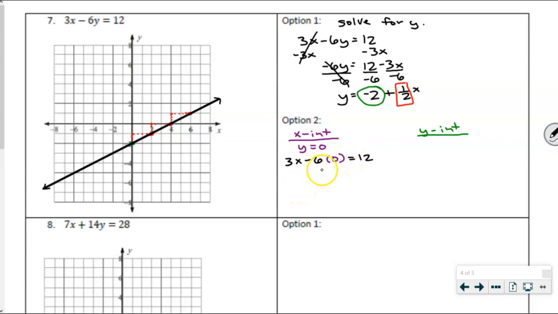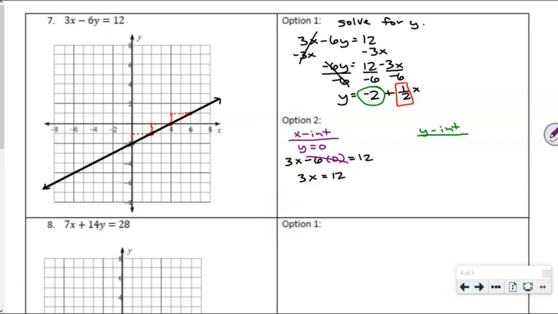And again, I love doing this because what is any number times 0? 0. So what's 3x minus 0 going to be? 0. In one step, do you see how all of that equation zeroes out? So all I have is 3x is equal to 12.